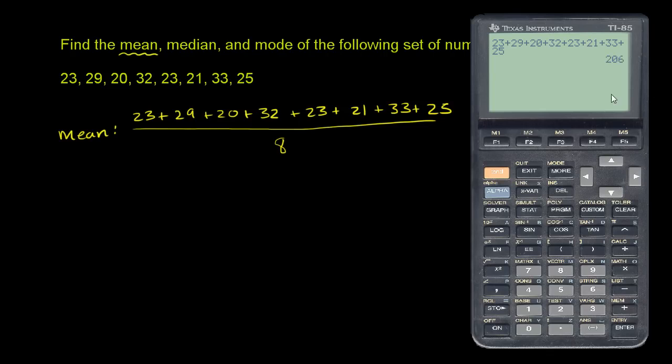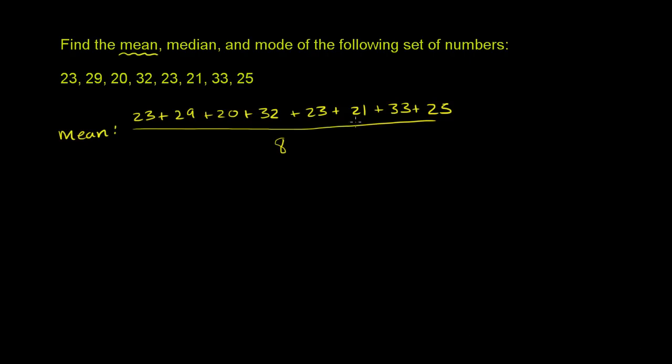So the sum of all the numbers is 206. And then we want to divide 206 by 8. So 206 divided by 8 gets us 25.75. So the mean is equal to 25.75. So this is one way to measure the center, the central tendency.